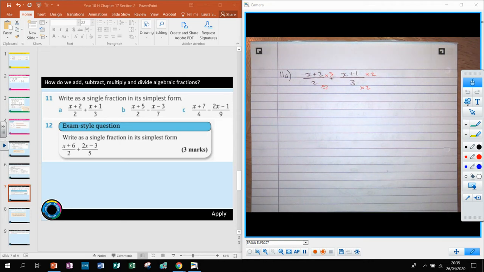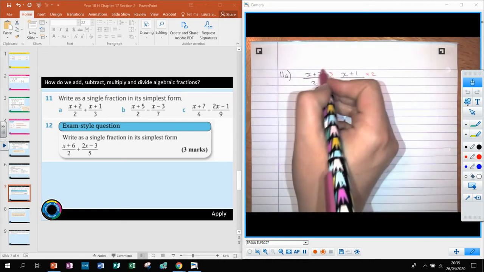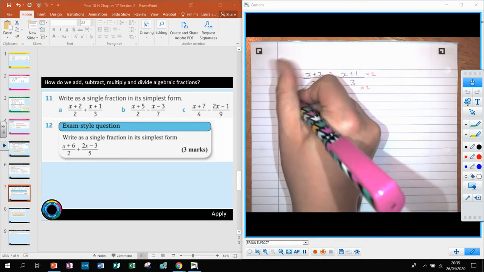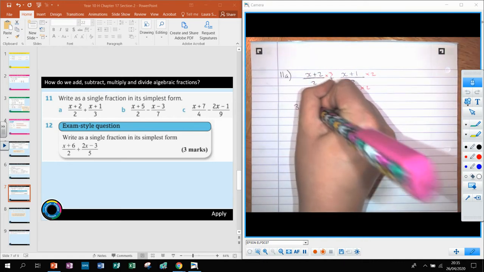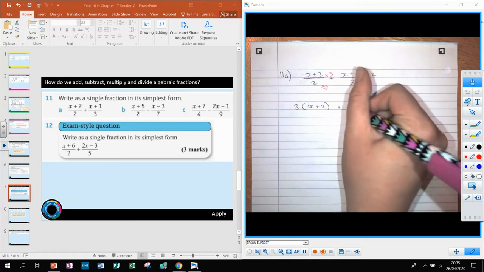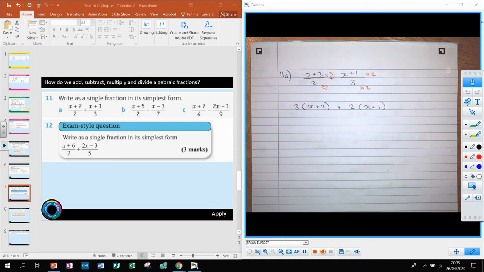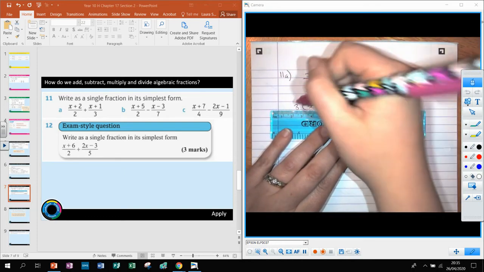Okay, how will this look though? Well, we know we're going to get 6 in the denominator, but we're going to have to use a bracket and then expand. So for this first one, it's 3 times the x plus 2, and there's a plus sign, and then 2 times the x plus 1, all over 6.